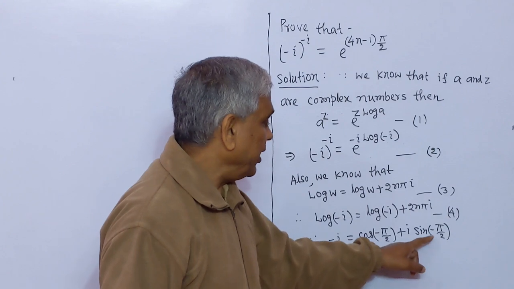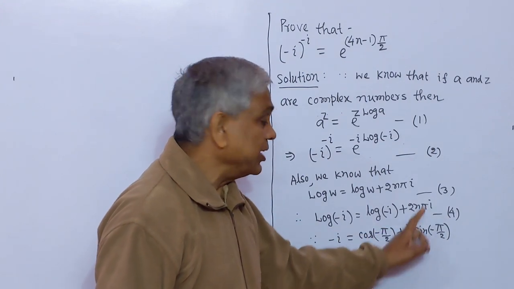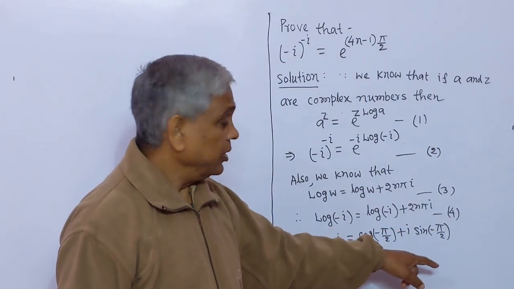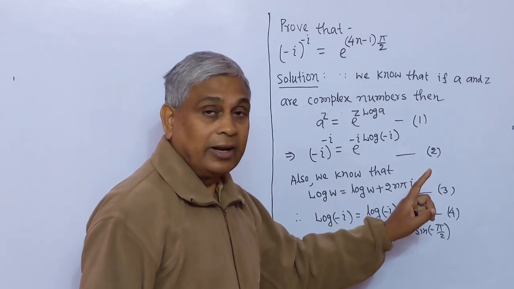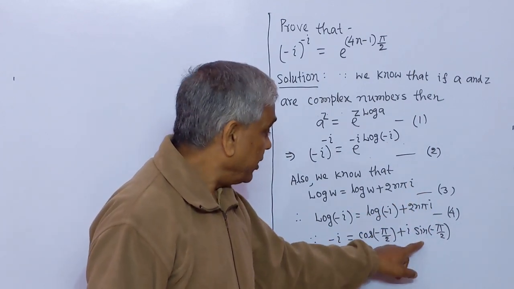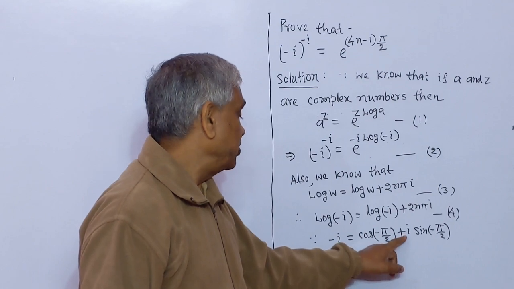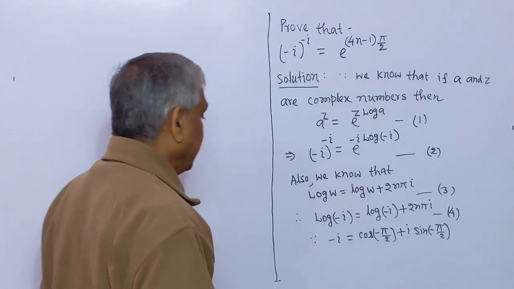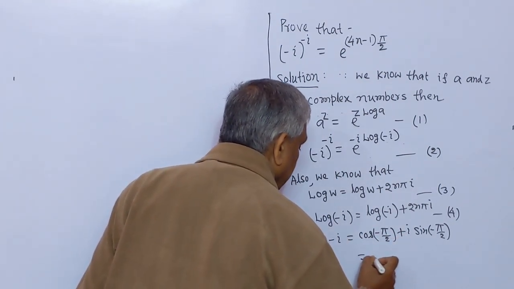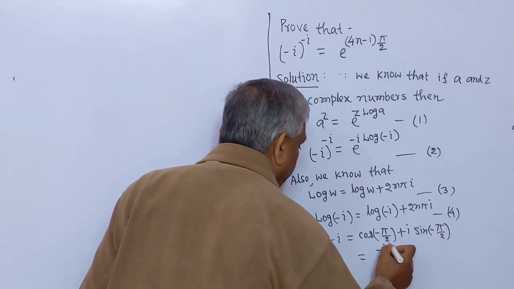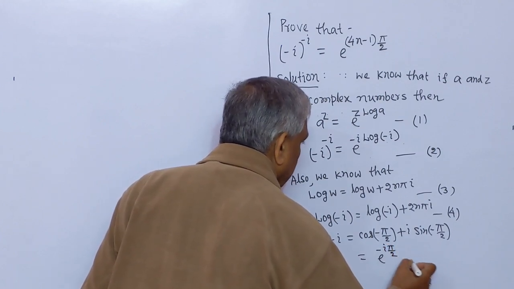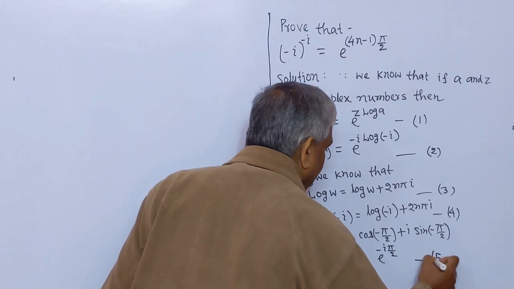Here sin(-π/2) means -sin(π/2) and sin(π/2) is 1. So -1 multiply i, this is -i. And we may write this as e^(-iπ/2). This is number 5.